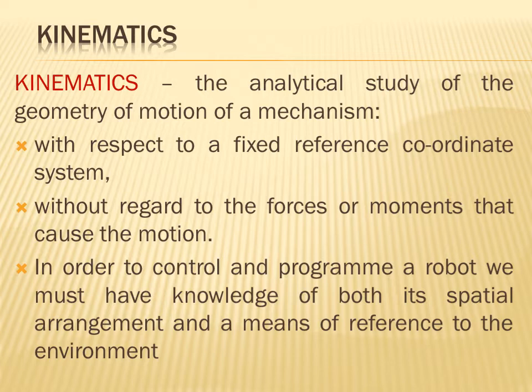Therefore, in order to control and program a robot, we must have knowledge of both its spatial arrangement and a means of reference to the environment. So the purpose is basically where we have to move the robot. This is our requirement, and on the basis of this requirement we have to design the kinematic chain, right? Maybe it may be an open chain, or it may be a closed chain.